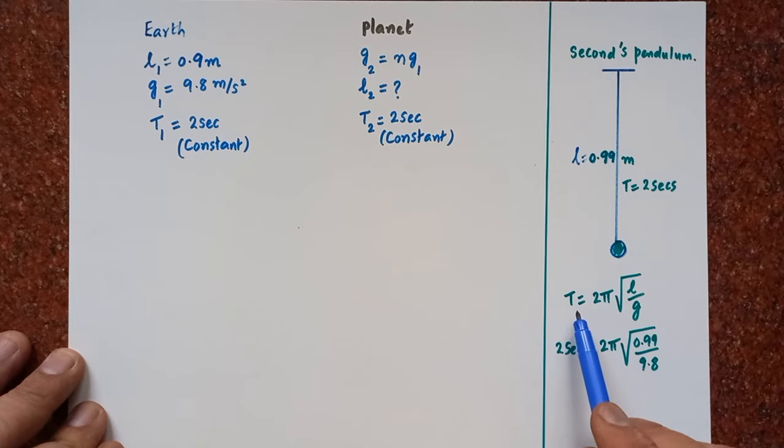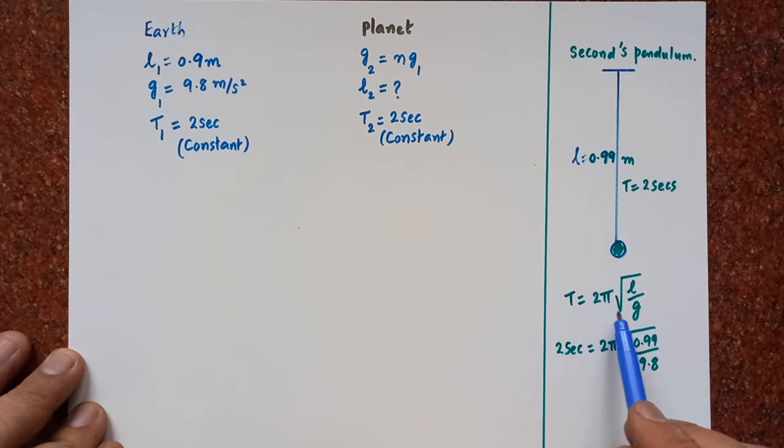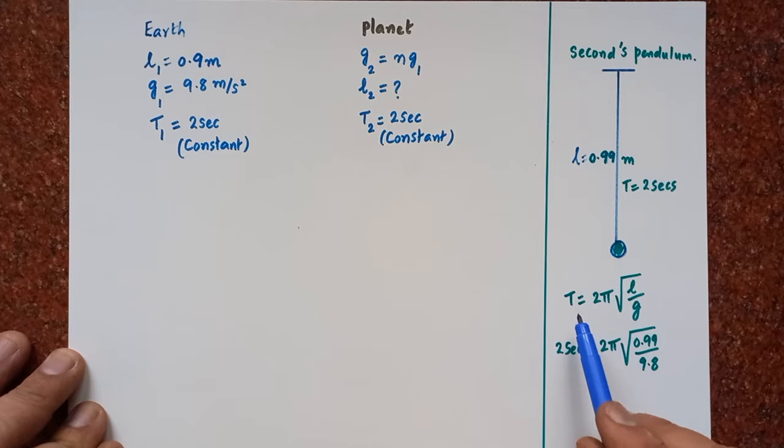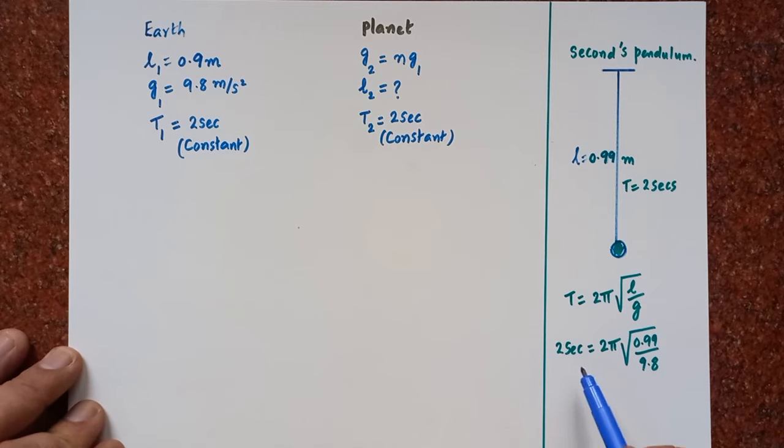Look at the time period formula, T is equal to 2 pi square root of L by g. Substitute the value of L, 99 centimeter, that is written as 0.99. If it is substituted, you will get 2 seconds. If the time period is 2 seconds, then only the pendulum will be called the second pendulum.